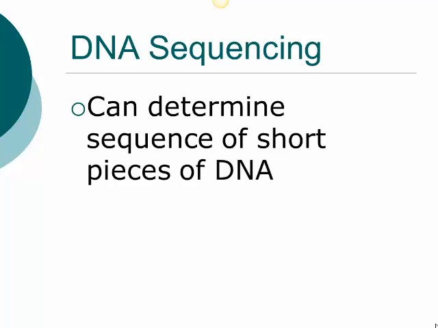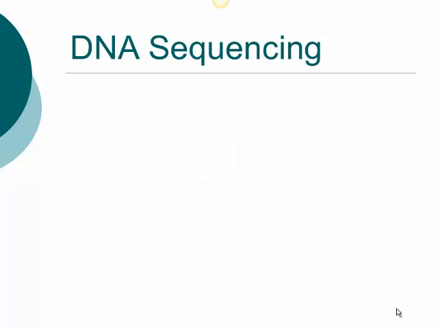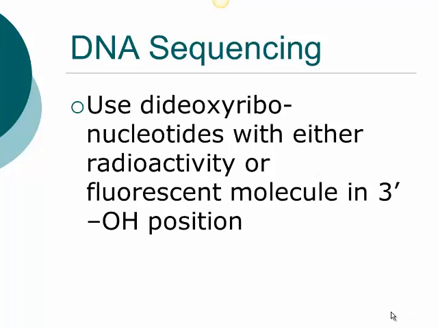DNA sequencing is yet another really cool thing you can do. You can determine the sequence of a short piece of DNA. It's done by essentially using a similar process to PCR. So you use what's called dideoxyribonucleotides, and they either have radioactivity or a fluorescent molecule in that 3' hydroxyl position.